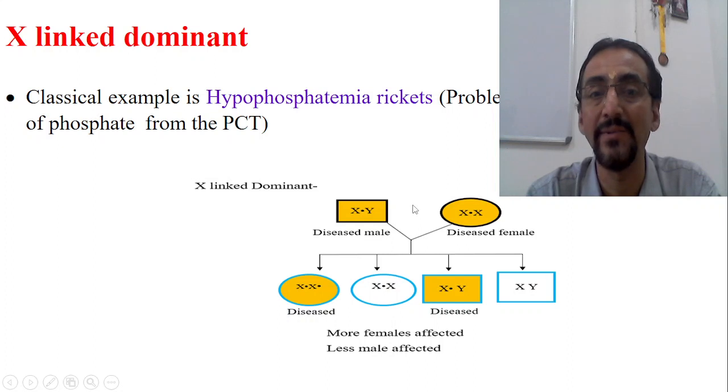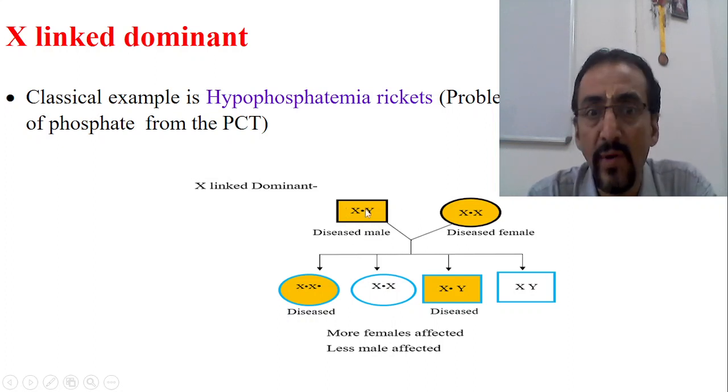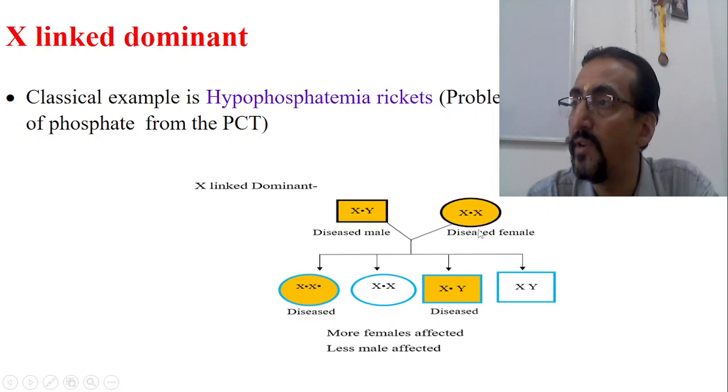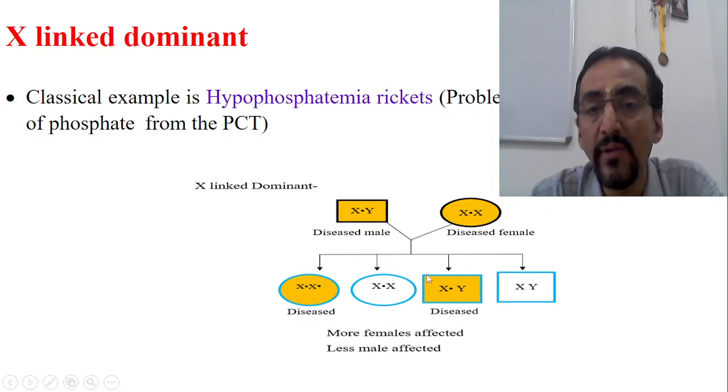Okay, so here the male is diseased because one X is mutant. If one X is mutant, it's a disease in dominancy. The female also has one X mutant, that's a disease because it's dominant. Now when they mate, they have got four kids.